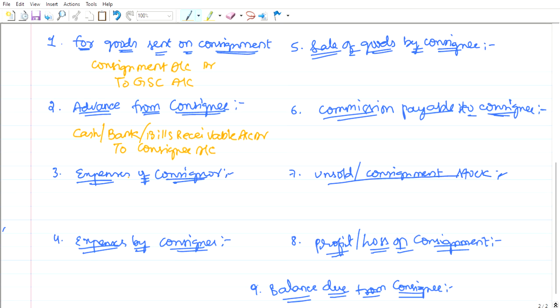And expenses incurred. I already said that when expenses are incurred we shall debit the consignment account. As these are the expenses incurred by consignor directly, we can write to cash or bank.